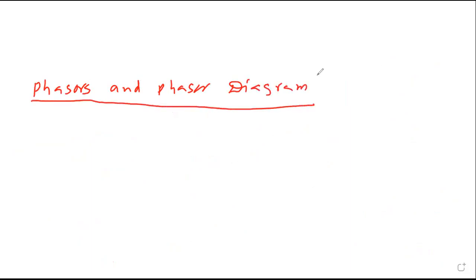Now, what is meaning of phasor and phasors and phasor diagram? See, phasors are nothing but representation of alternating current or alternating voltage in vector.